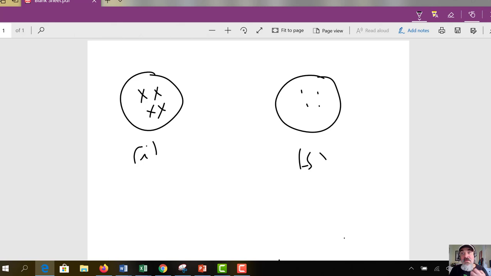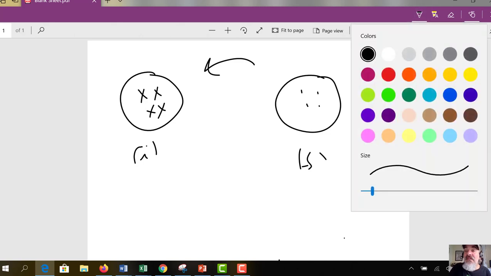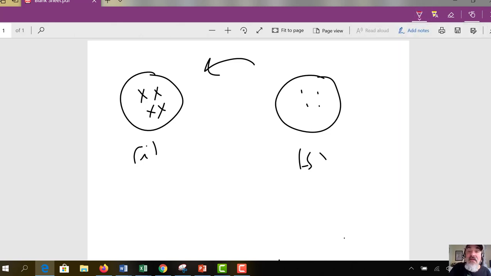Nature still likes to be in this initial situation, so the current is going to flow like this to try to get us back there. Not only does it have to kill off that increase, it really has to do something like that to get us back. And then the 4 dots and the 4 X's go away, and we're left with 4 X's.